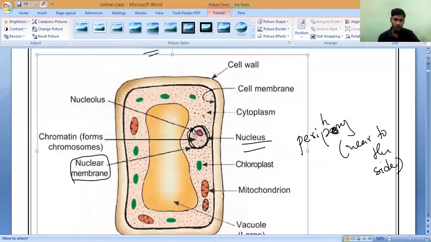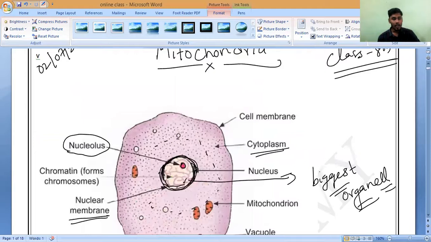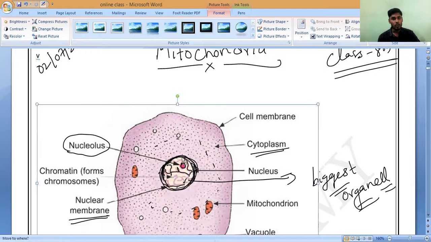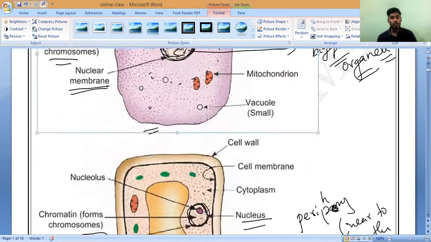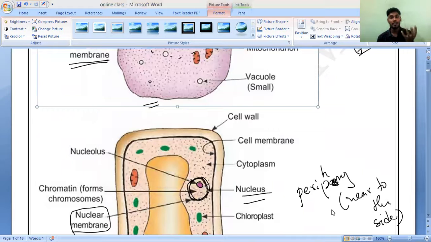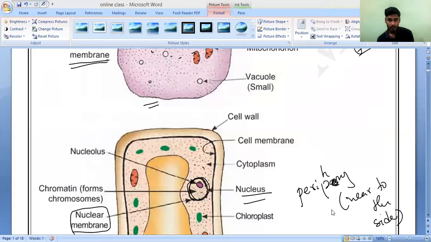Inside that, we have thread-like structures involved in the transfer of characters from parent cells to offspring. These thread-like structures are called chromosomes. These chromosomes play the key role while generating offspring from the parent cell. That is what you have to remember.